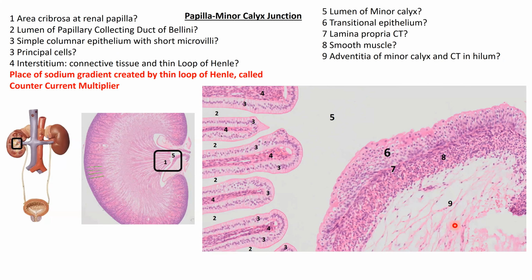You can see it a little bit better if you go back. But either way, this is your 3 layers: epithelium and lamina propria, which together are the mucosa, then the muscle layer, and the adventitia.